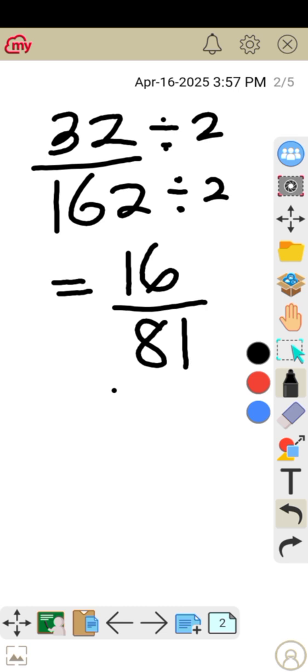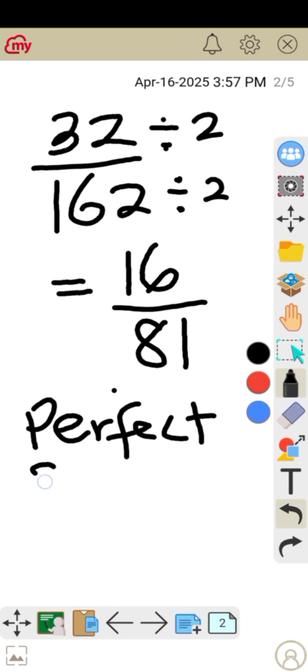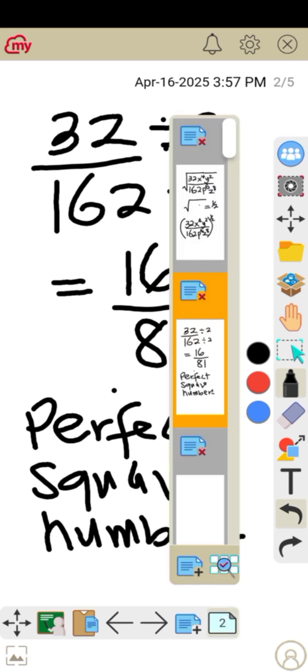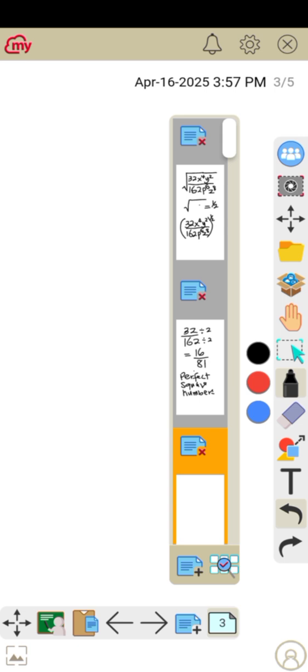And now 16 and 81 are known as perfect square numbers. 16 and 81, I repeat, are known as perfect square numbers. Why are they called perfect square numbers?